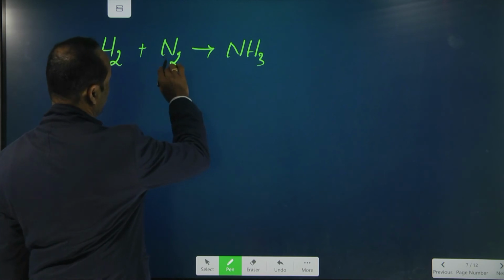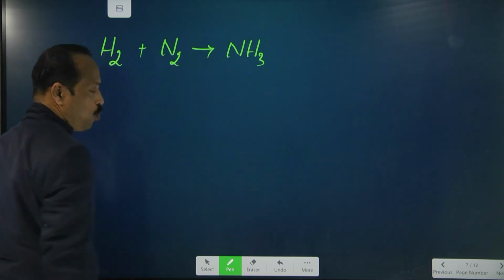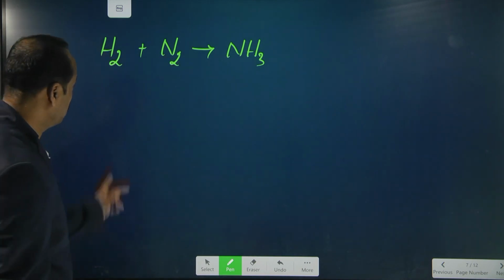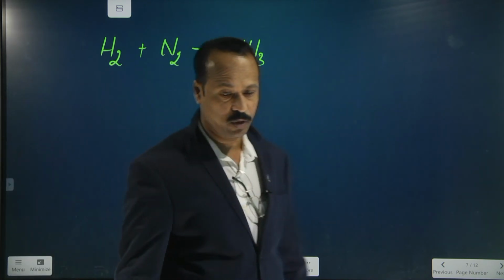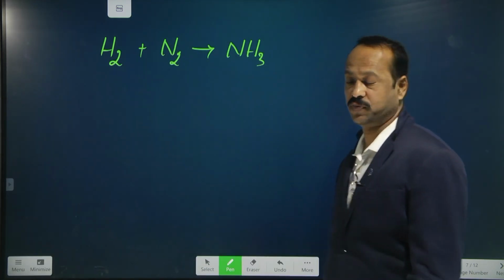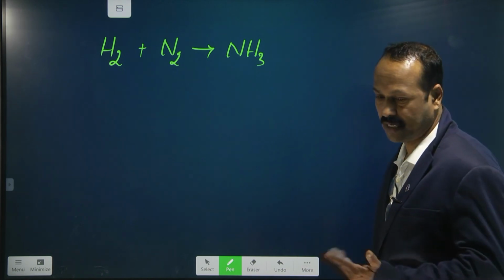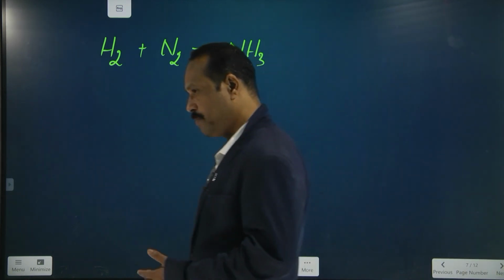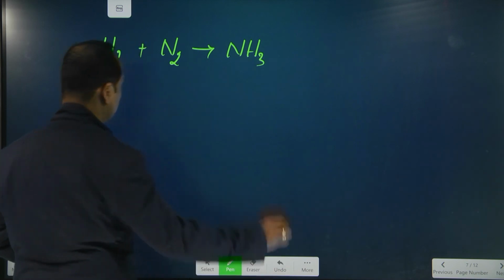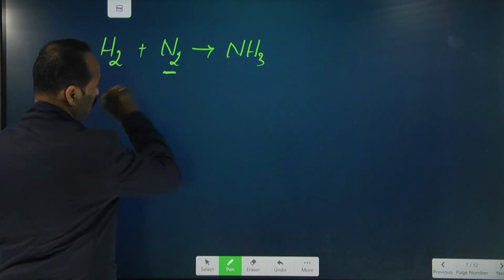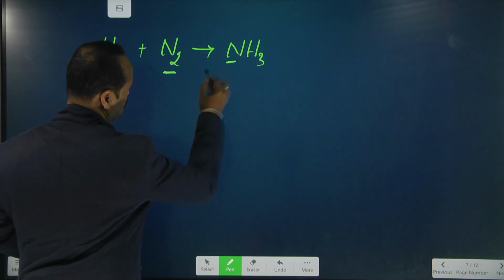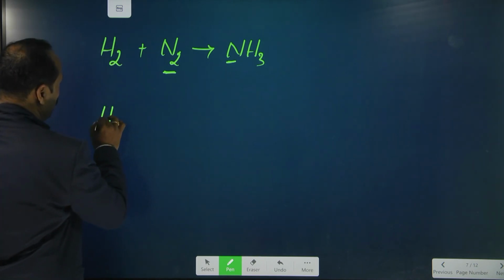And here two nitrogens are there, here only one nitrogen is there. So this you can do in two ways. If you want to balance first with the nitrogen, that is easy actually. So here two nitrogens are there, here only one nitrogen is there. Yes or no? So what you do?